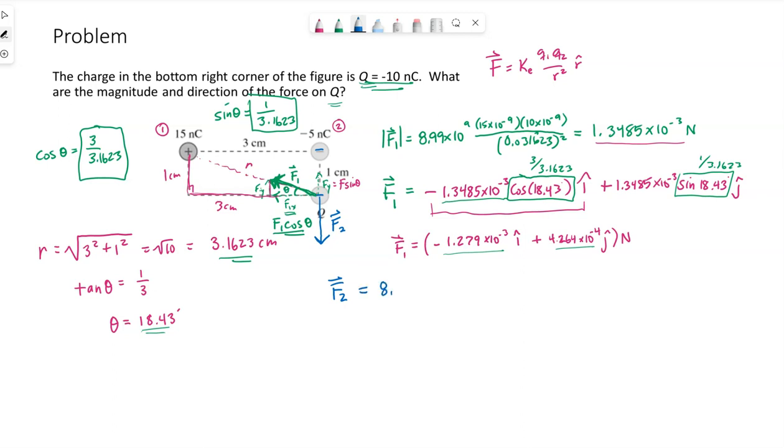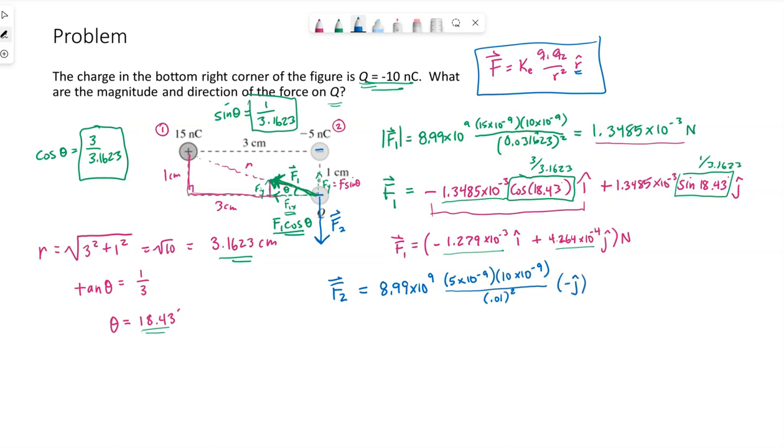So plugging the numbers, I'm using Coulomb's law again. Plugging these numbers in, I know K, the two charges involved are the 5 nanocoulombs and the Q, which is 10 nanocoulombs. I'm only putting in the magnitudes because I'm going to account for the direction in the r hat. So the distance between them is 1 centimeter, which I need to put in meters.